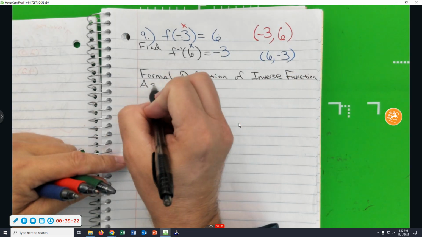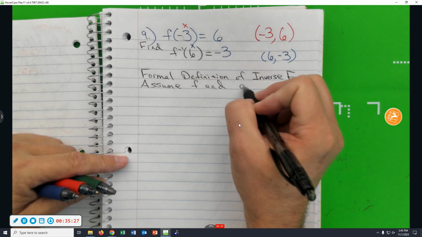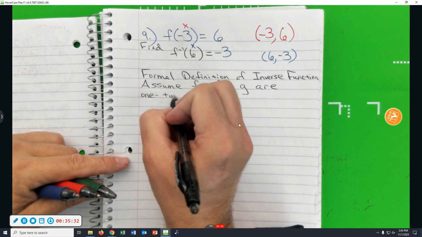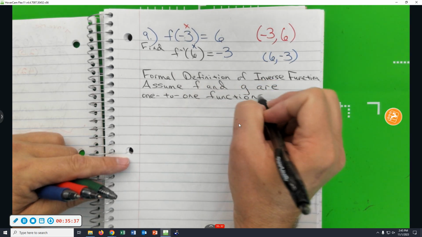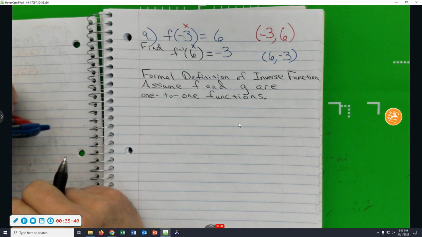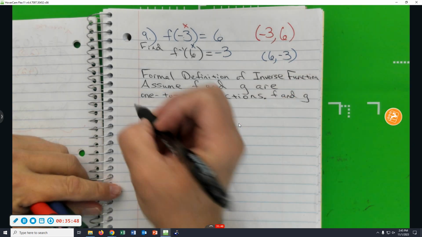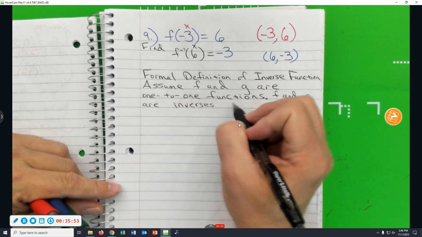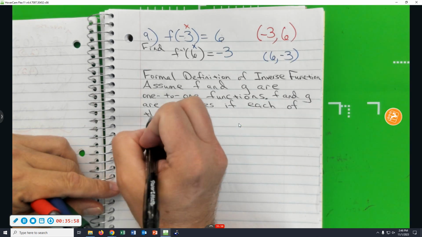Let's assume f and g are one-to-one functions. f and g are inverses if each of the following is true.